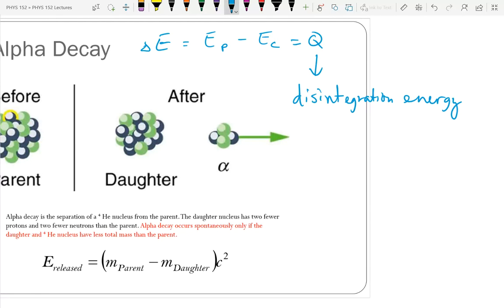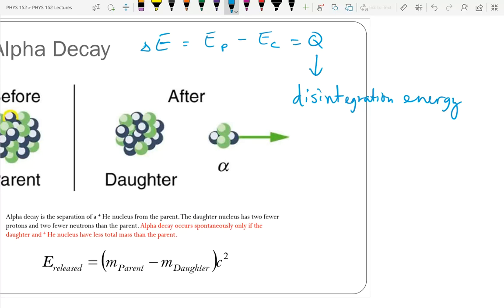You guys have probably all studied this. If a reaction is going to naturally occur, what is that going to tell you about the disintegration energy? Think about chemistry. What happens if you have a naturally occurring reaction? We use the words exothermic and endothermic here.